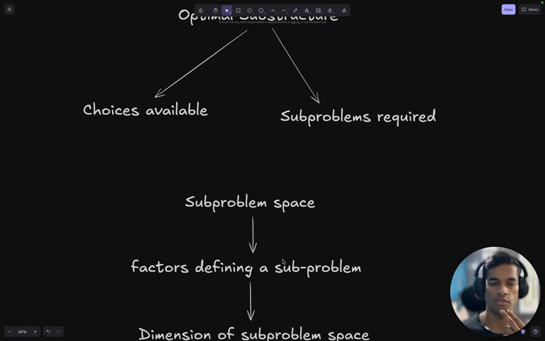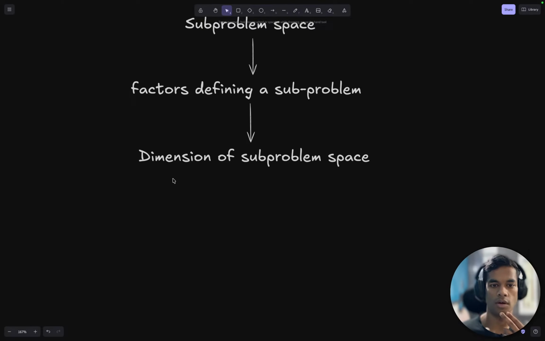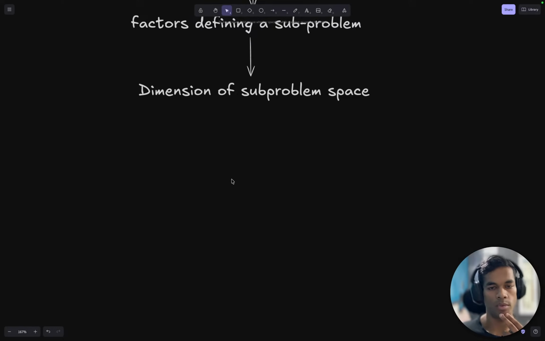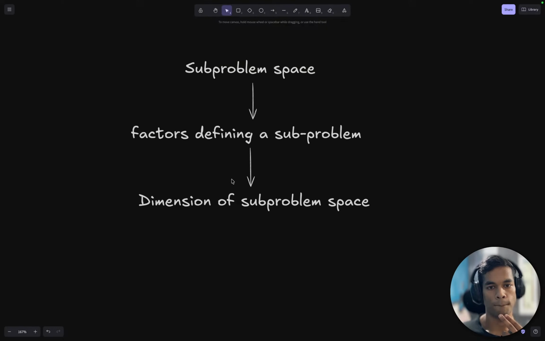And there was one more thing in the optimal structure part. I do not want to look at the notes or the book. I want to remember it.